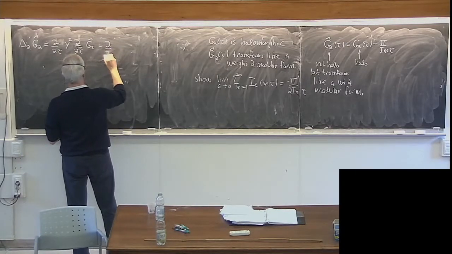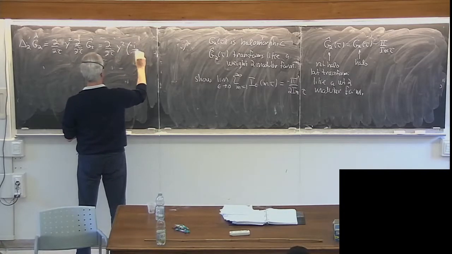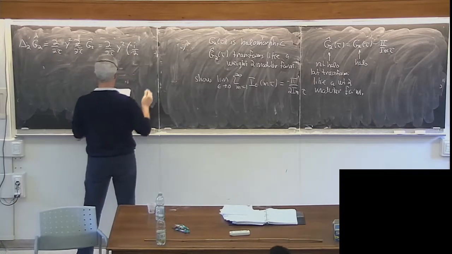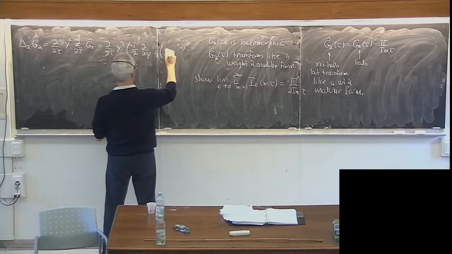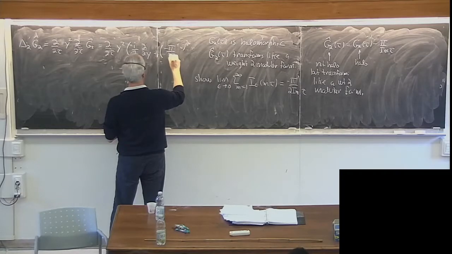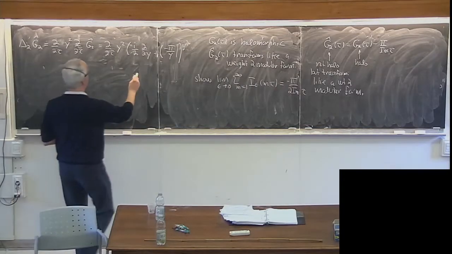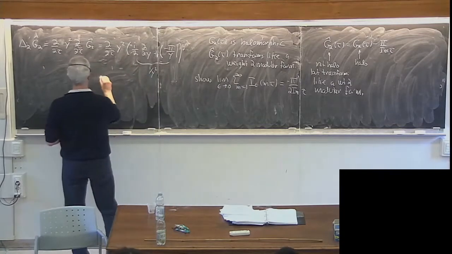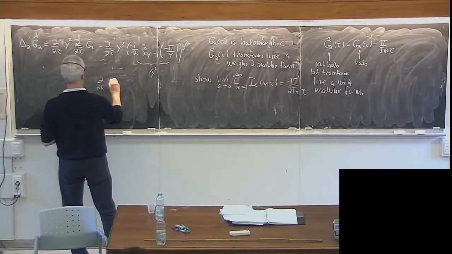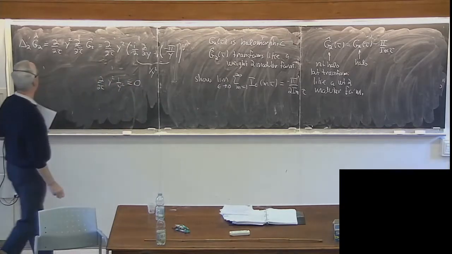Well, d by d tau bar has an i over 2 d by dy, and the imaginary part of tau is y, so you can see that this gives a 1 over y squared, and then I have d by d tau of y squared times 1 over y squared, so that's equal to 0.